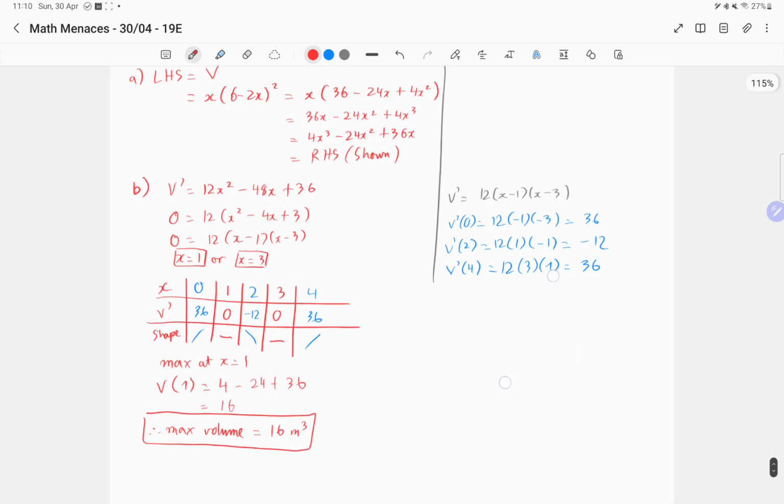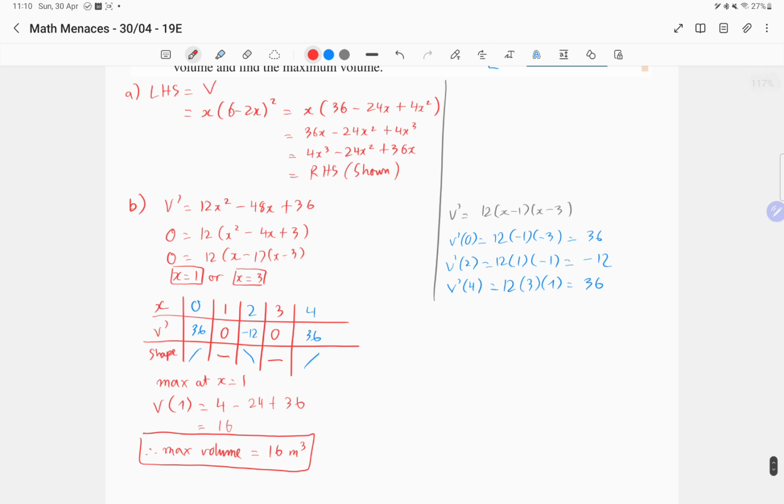Okay, so here's the full answer A and B. I'm giving it away for you. Just work on it on your own, and then when you're done, you can have a look.